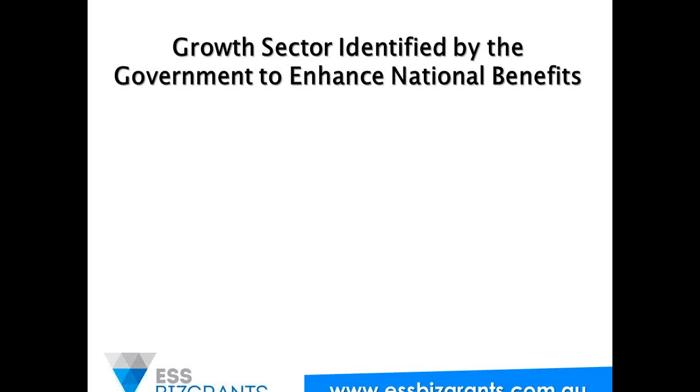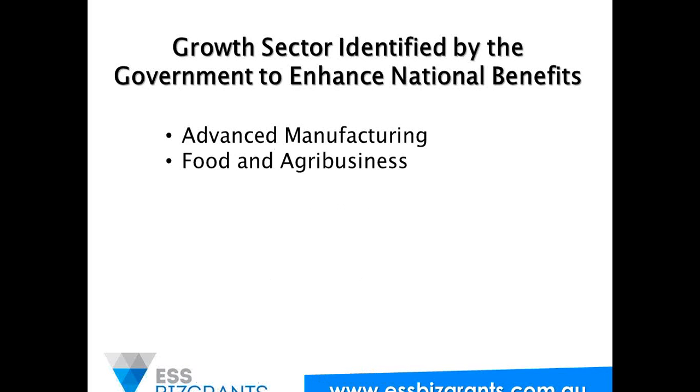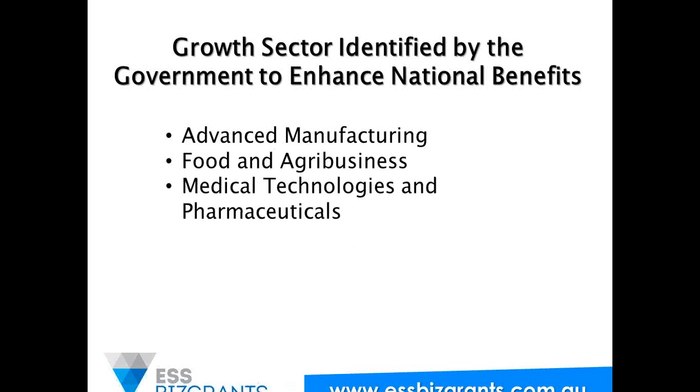Now, the government's allocating this particular grant to the programs that have been identified for industries that are referred to as growth sectors or priority sectors by the government. And these include 5 prime areas: advanced manufacturing, food and agribusiness, and this is post the farm gate, medical technologies and pharmaceuticals.